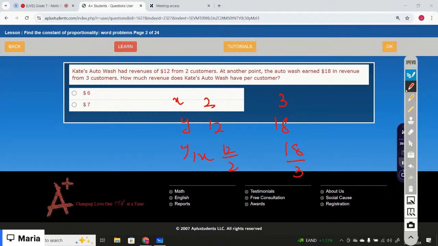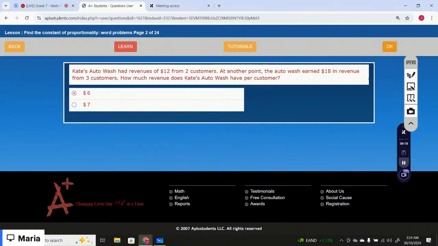Option number one is the correct option. Got it? So that means the revenue per customer is $6.